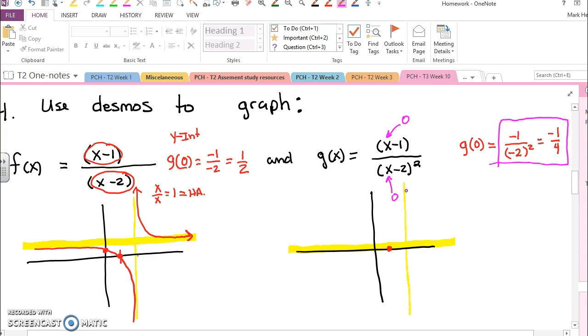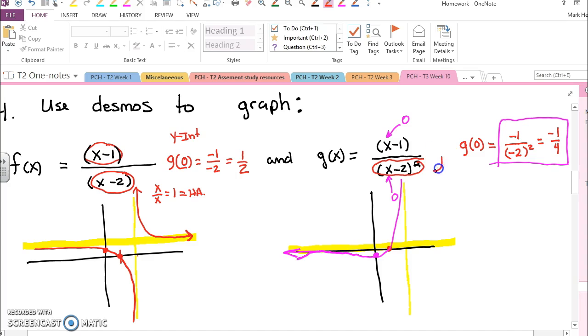So that means that I'm down here at -1/4, which means the only way to have this look is to come through the 0 and then approach my horizontal asymptote. The other piece that I can tell is that this is even behavior in the denominator.